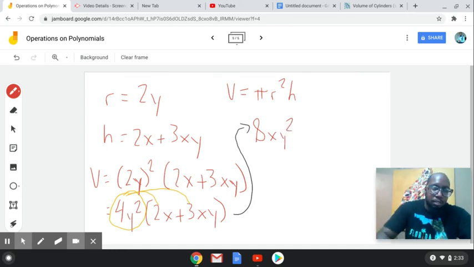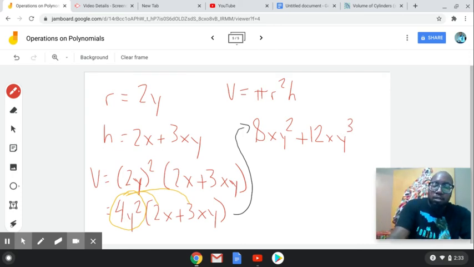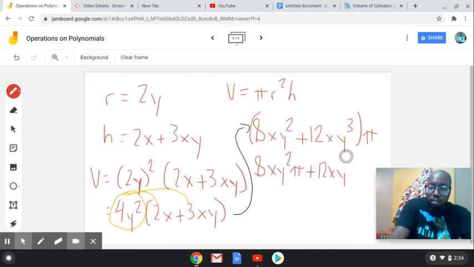Now 4 times 3 is 12, and the x is still going to be there. Then y squared times y is y to the third power. All of this is still being multiplied by pi, so we just distribute the pi through. That becomes 8xy squared pi plus 12xy to the third power pi.